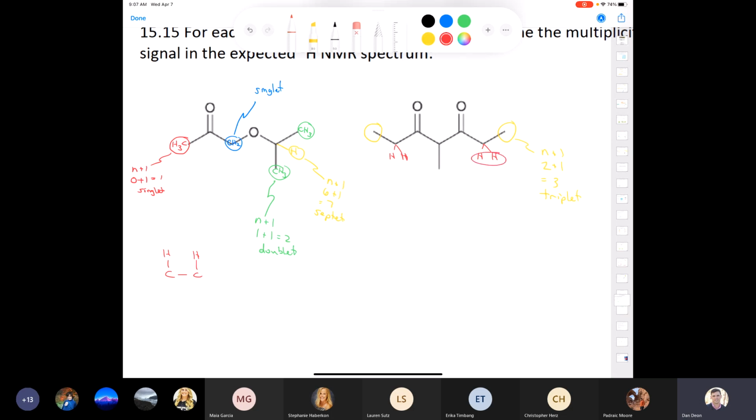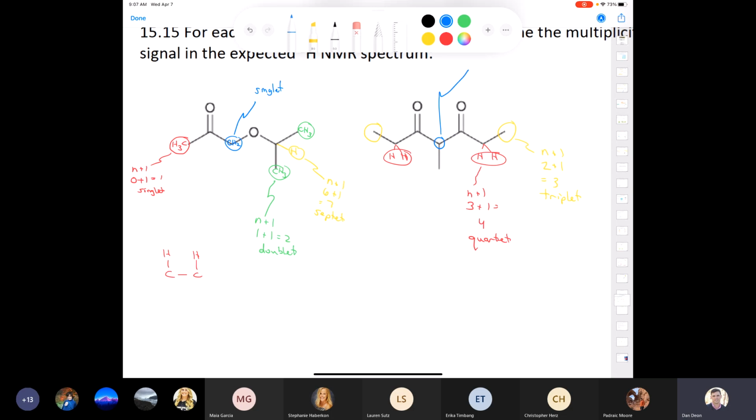The ones in red, there are no protons on the carbonyl, but there are 3 protons in yellow, aren't there? So here we get n plus 1, and we have 3 neighbors plus 1, which gives us 4, and so we're going to get a quartet for all the red protons. Okay, I'll just throw this out here to my students. I have a CH here, don't I? I have a methine.